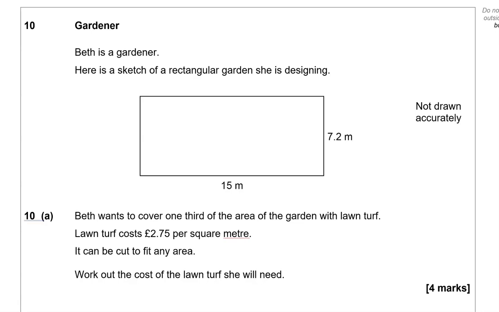So we're going to need to work out 1/3 of the area of the garden. But first we need to work out the whole area of the garden. And looking at the dimensions, we've got 15 meters by 7.2. So 15 times 7.2 is 108 square meters.